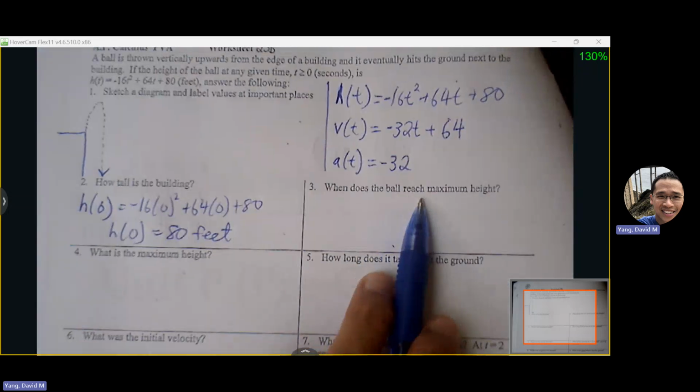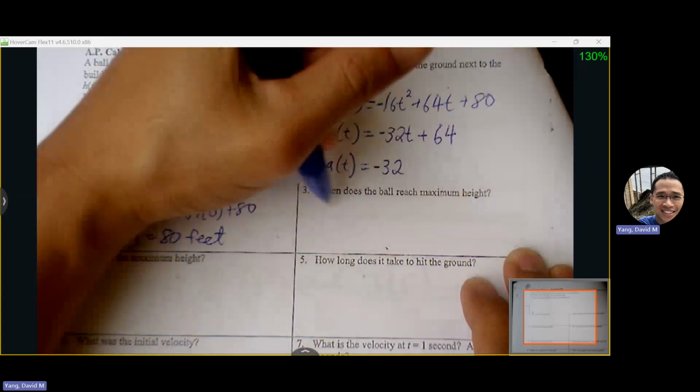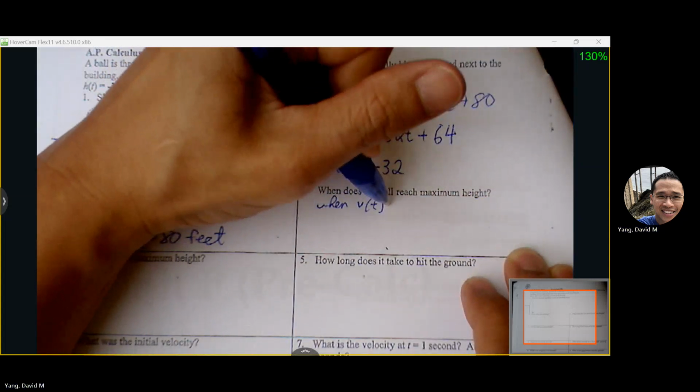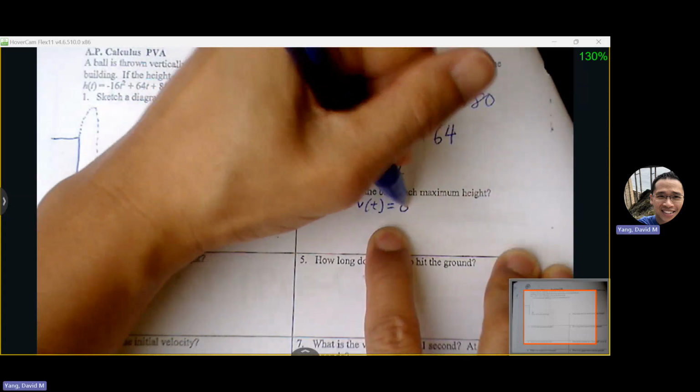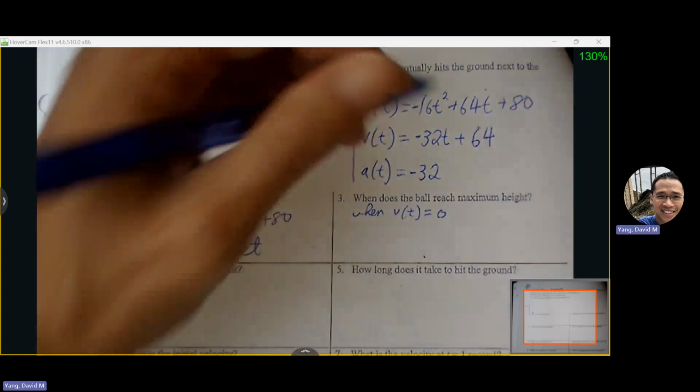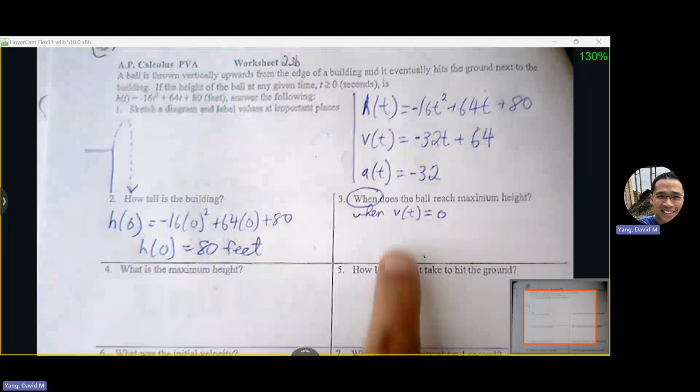So we know the ball is going to reach the maximum height when velocity is equal to what? 0. Yeah. Not for every problem, but for the context of this problem, it makes sense because the ball is just going to stop momentarily, reaches maximum height before it starts going down. So then we can figure out when by solving for t.